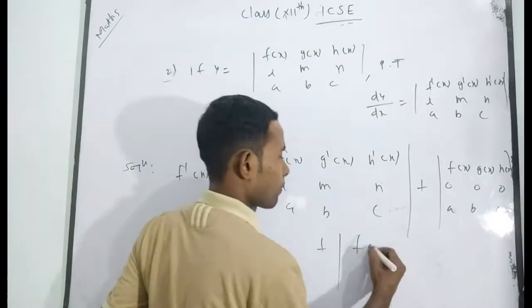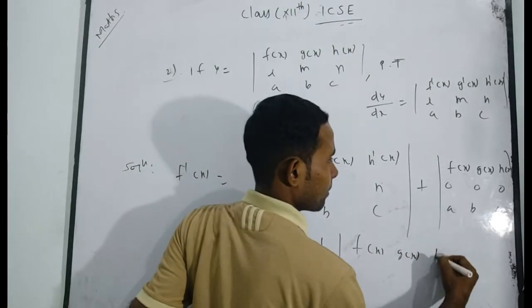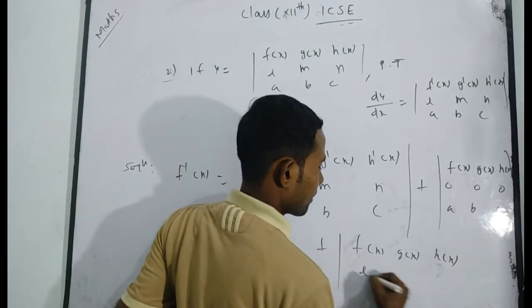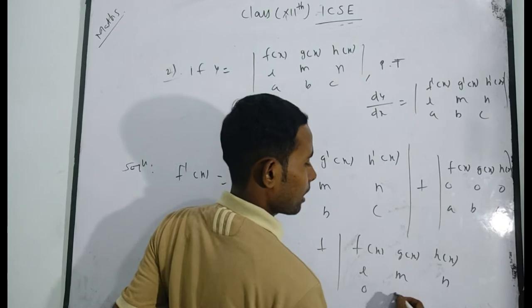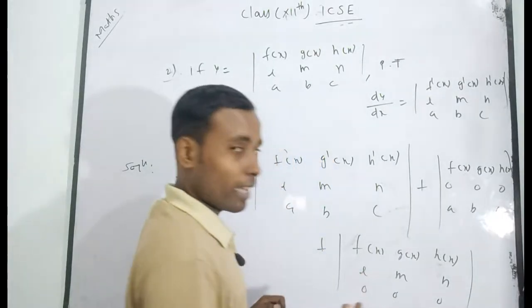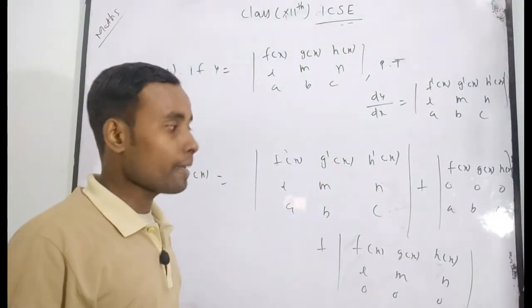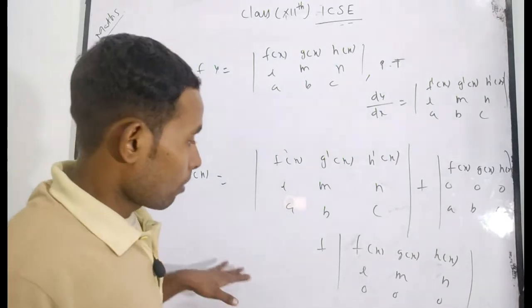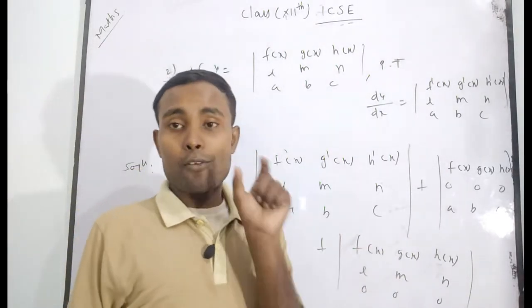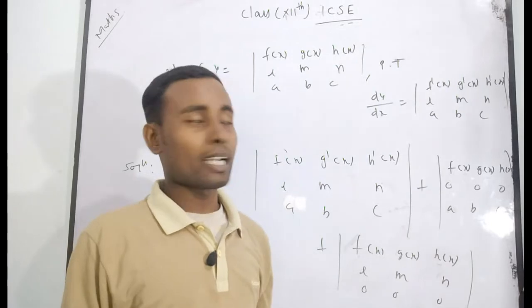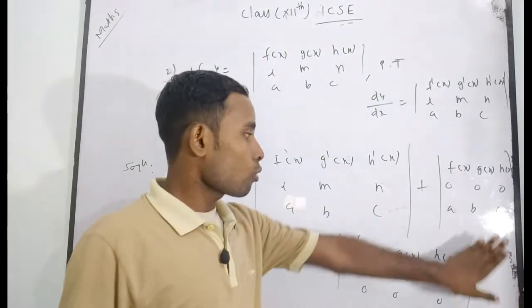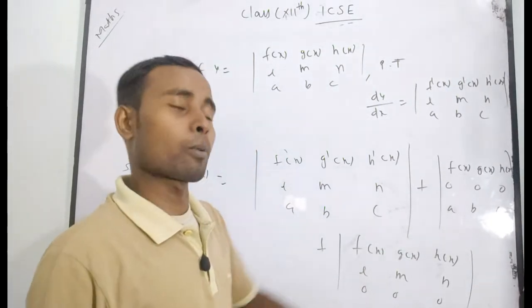Similarly in the third row, its derivative will be 0 0 0. As you know that if each entry of any row or column is 0, then in that case its determinant will be 0.